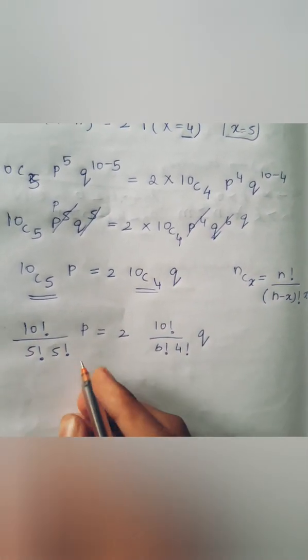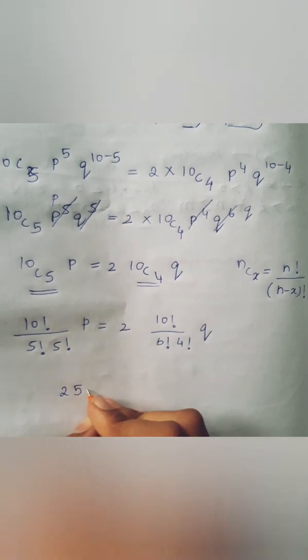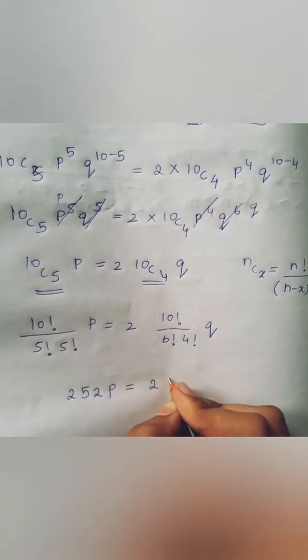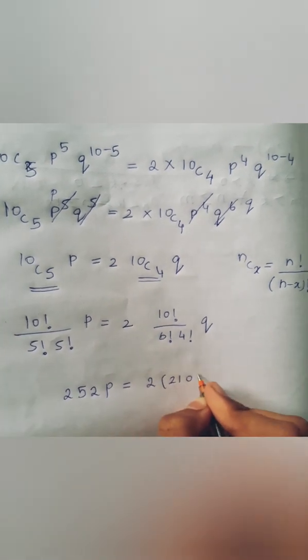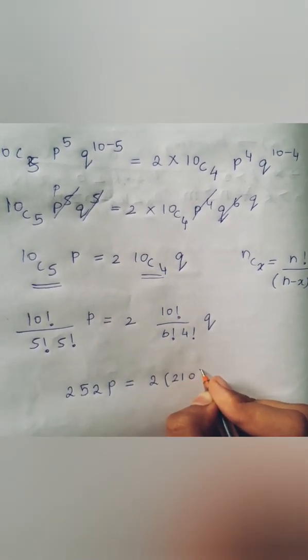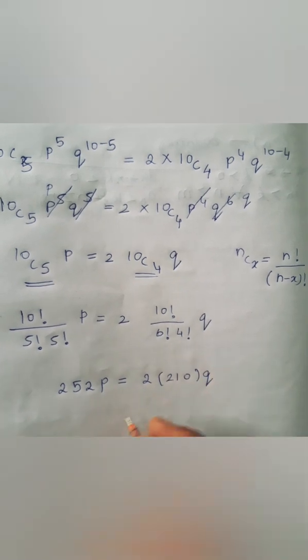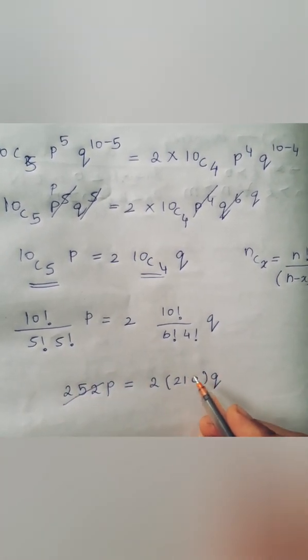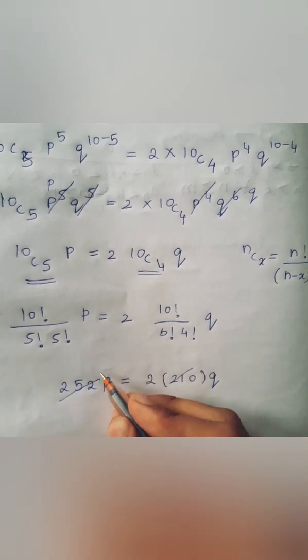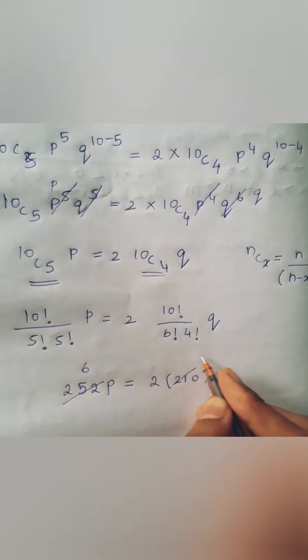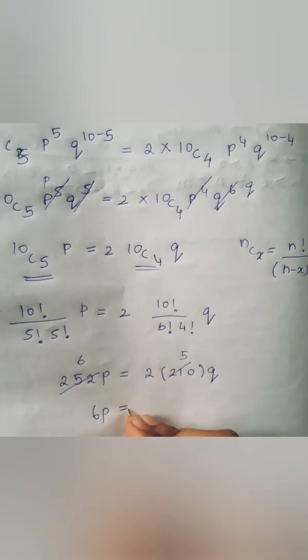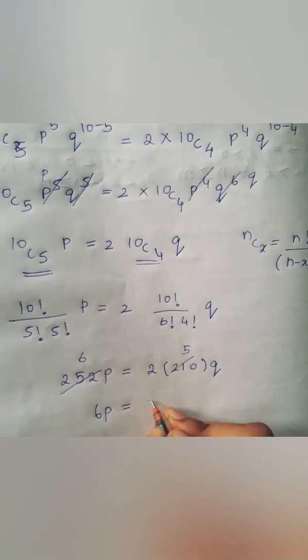Further simplification, we will get 252p is equal to 2 times 210 into q. If we cancel on both sides, we will get 6 times and here 5 times. So 6p is equal to 5, 2 fives are 10, 10q.